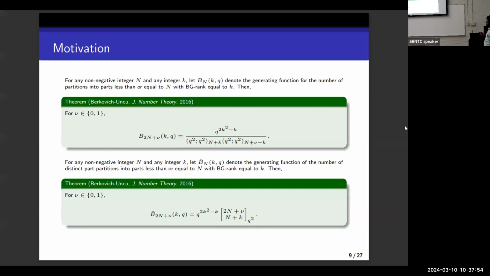So the weight is in a sense 2 here now. And the only difference that you can observe between these two identities is that if you expand this out as ratios of q-Pochhammer symbols, you will have an extra q squared to the 2n plus nu here. So in a sense, they are related somehow, and we will see it later on.